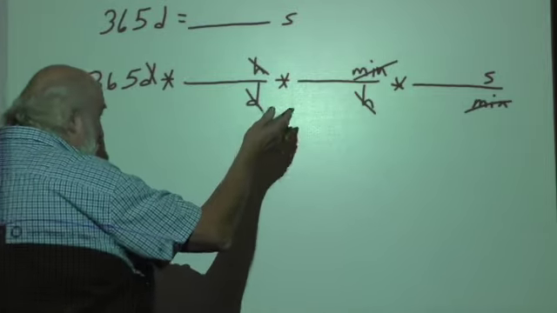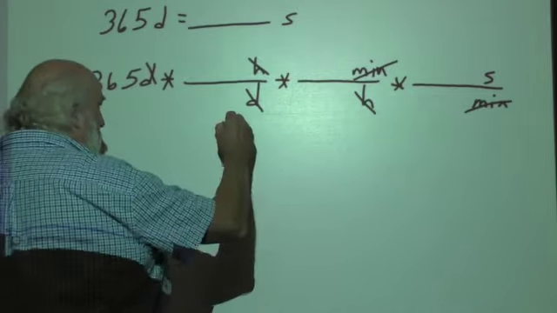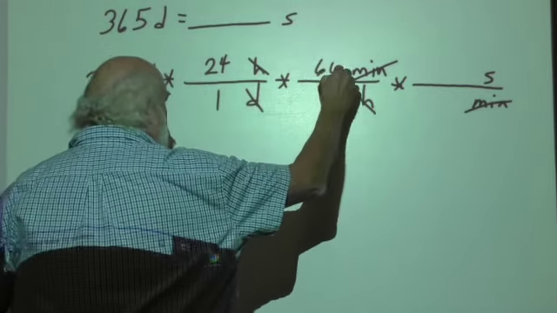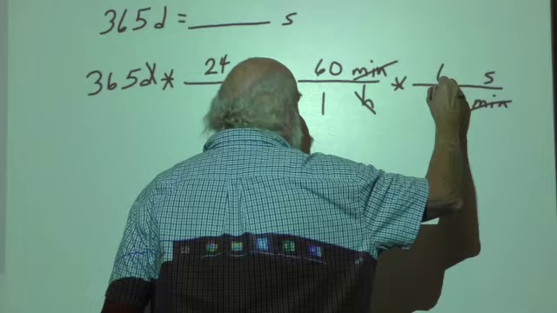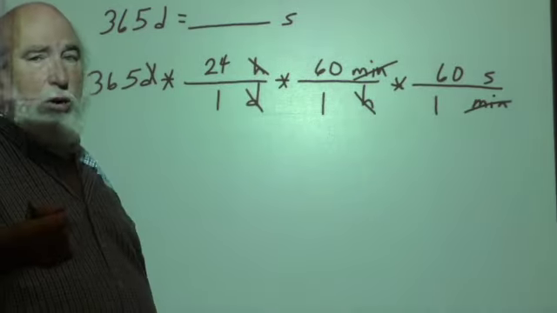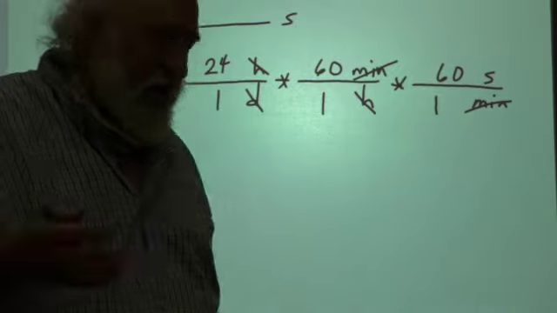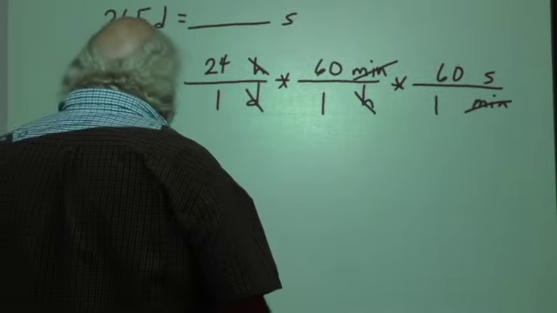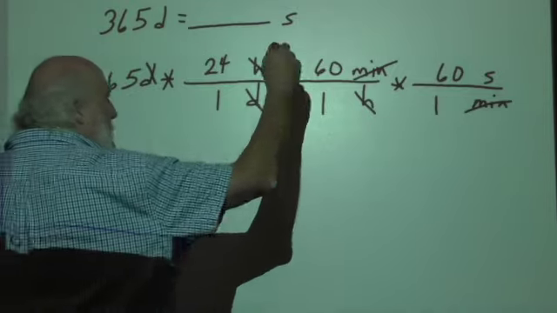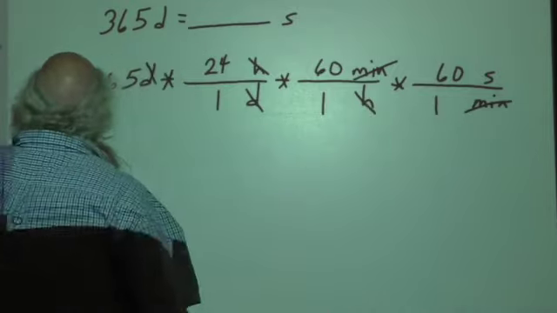So now we go to this. According to the conversions, 1 day is equal to 24 hours, 1 hour is equal to 60 minutes, and 1 minute is equal to 60 seconds. So on your calculator, again, you ignore the ones because they will have no effect whether you multiply or divide by them. In this case, you're just going to multiply 365 times 24 times 60 times 60.